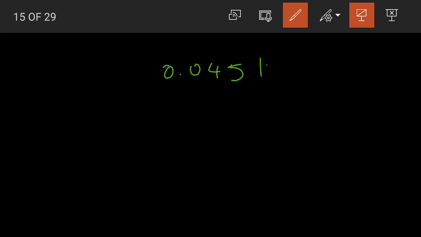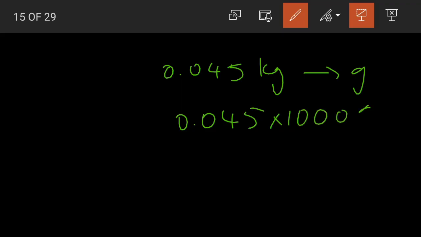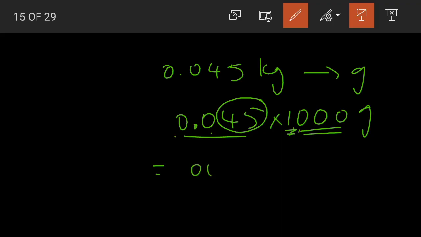0.045 kilograms converted into grams. 0.045 multiplied by 1000 grams. Now when we are multiplying, we have also discussed this in our decimals chapter. When we have a decimal number and we are multiplying by a number like 10, 100 or 1000, how do we multiply? We multiply the entire number by 1, so 0045 multiplied by 1 is equal to 0045.